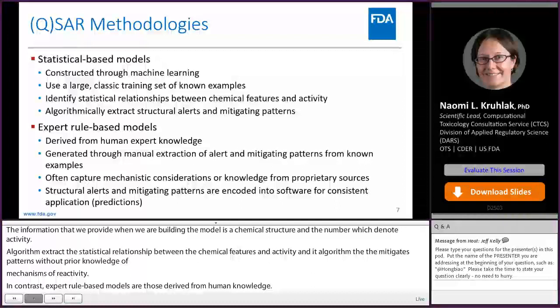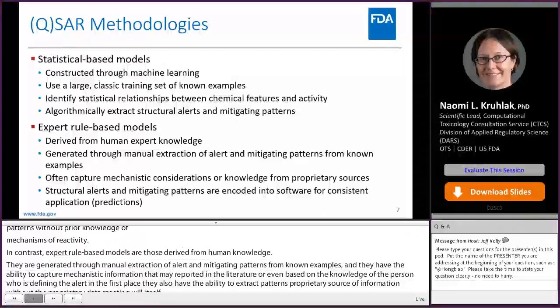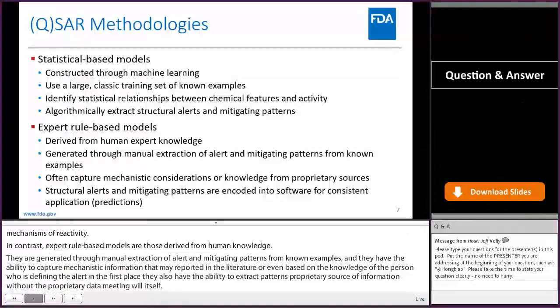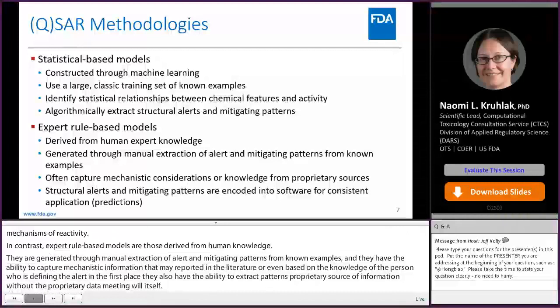They also have the ability to extract patterns from proprietary sources of information without those proprietary data needing to be in the model itself. The structural alerts and mitigating patterns are then encoded into the software so that they can be consistently applied by any user regardless of their level of knowledge of the endpoint.